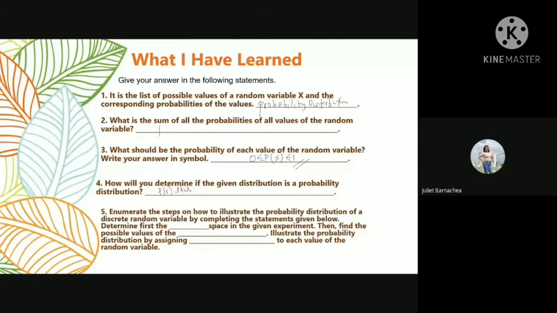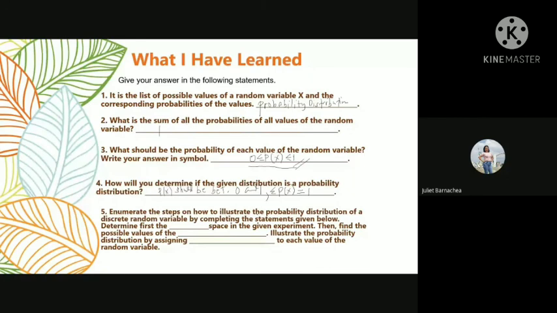Pag hindi masulat yung ganitong symbol, ilagay sa word. Should be between 0 and 1. Pangalawa, the sum of the probability of x is equal to 1.